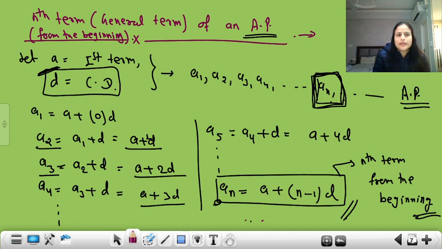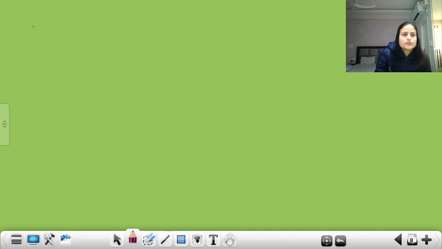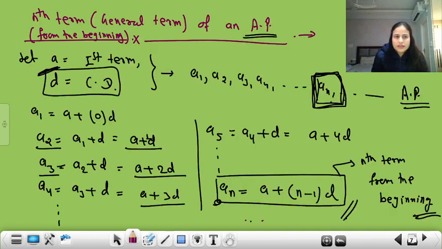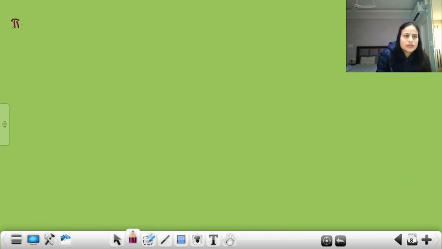From the beginning. Okay, now let me take one more formula, how to get the nth term from the end whenever I have a finite AP, and then we will take an example. So let me call it first and then second.